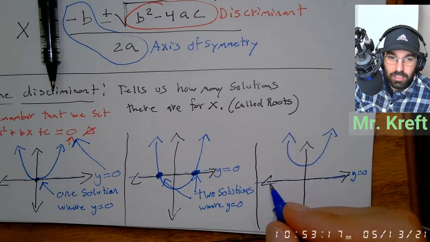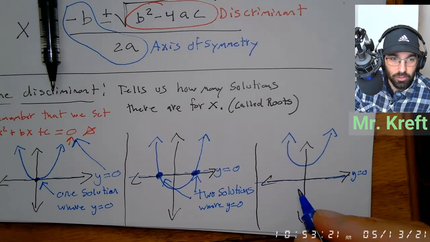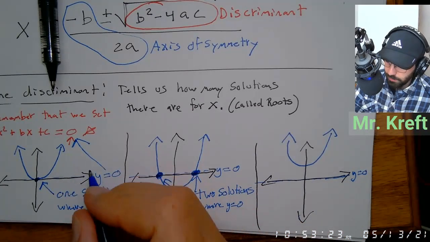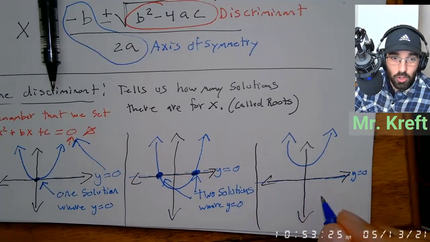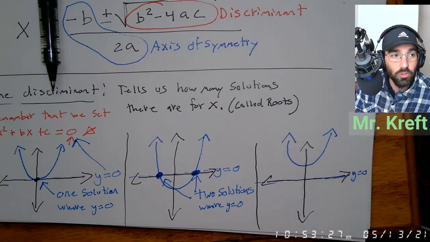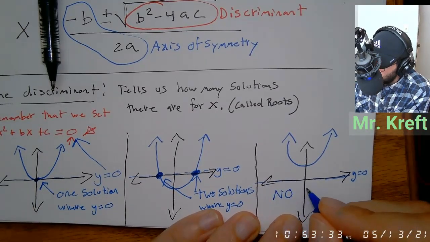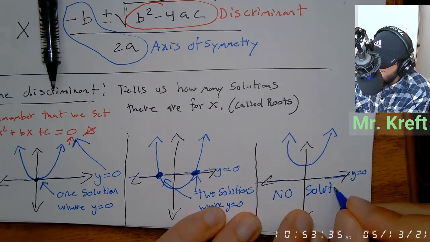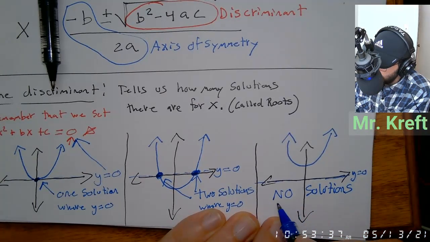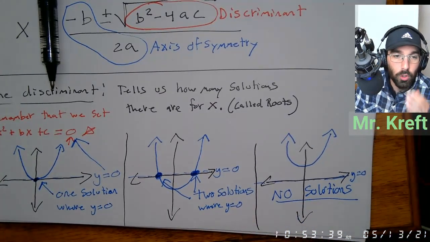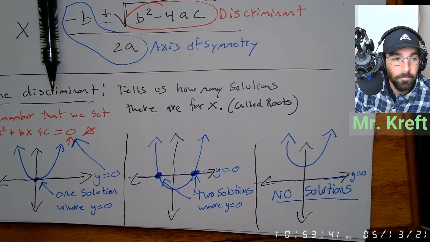And it's now not touching the y equals 0 or the x-axis at all. So if it's not touching, that means there's no roots, there's no solutions, there's nowhere where the output equals 0. So this is no solutions.